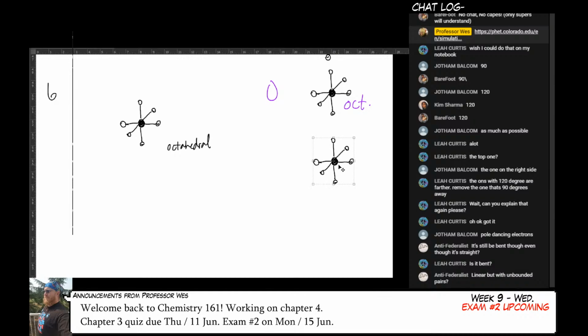If I replace one of them, which one do I take in this case? Like, what's the one that you choose here? Well, let's consider bond angles. What's the bond angle right here? It's the wrong color, but that's okay.